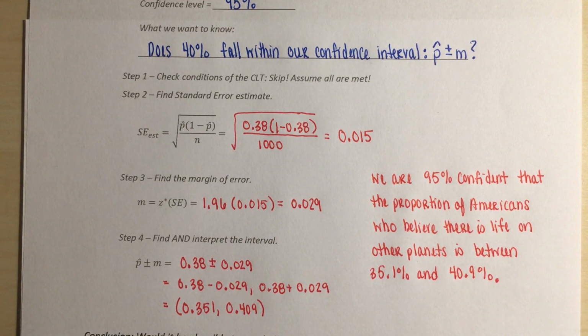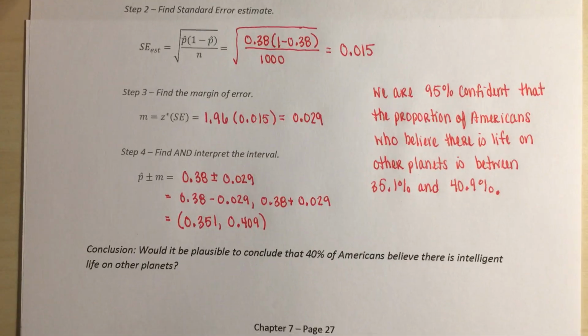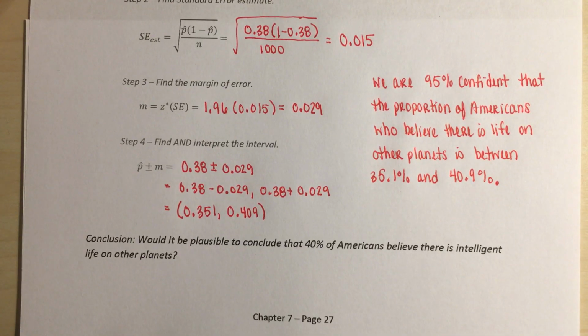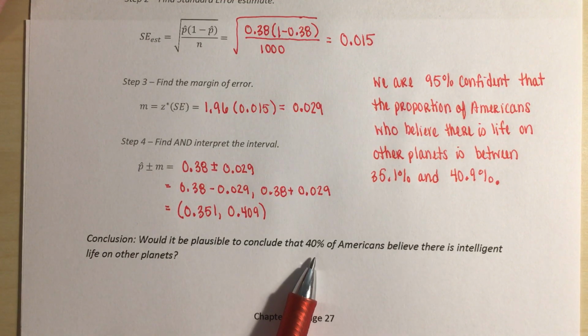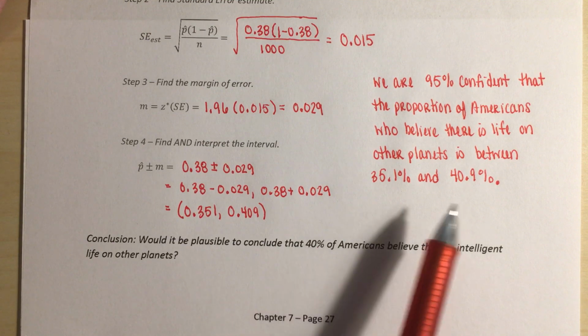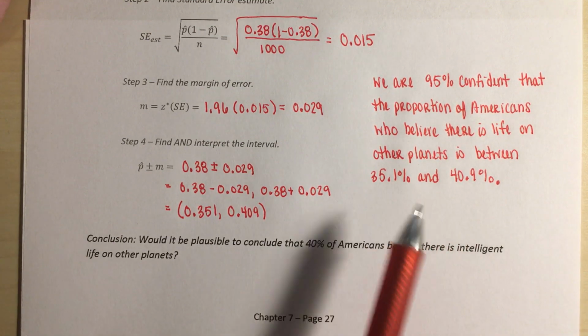Now, if we go back to the original question, remember that there was one question that we were left to answer based on what we found in our confidence interval. So our conclusion says, would it be plausible to conclude that 40% of Americans believe there is intelligent life on other planets? What we want to do is take this 40% and decide, is that inside our confidence interval? And in this case, yes, it is.